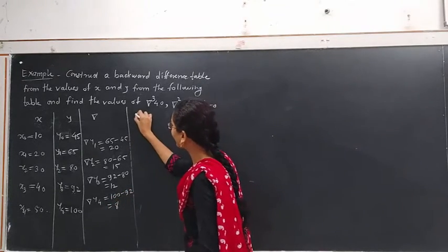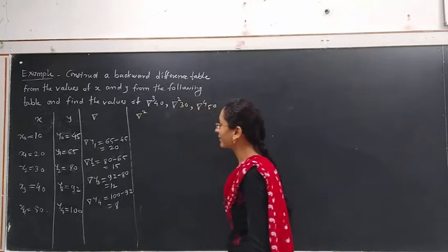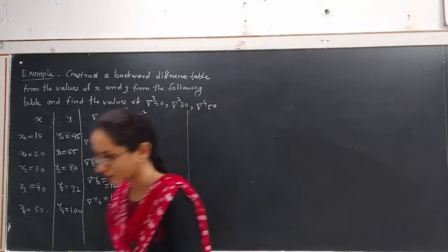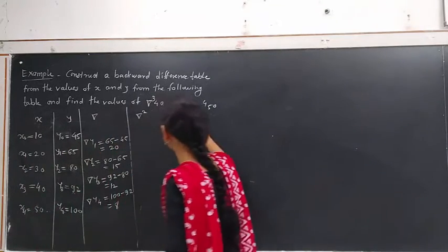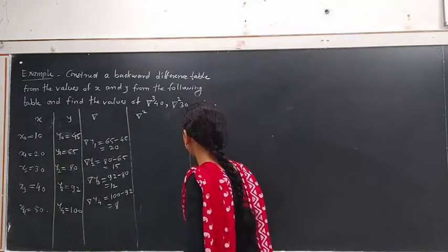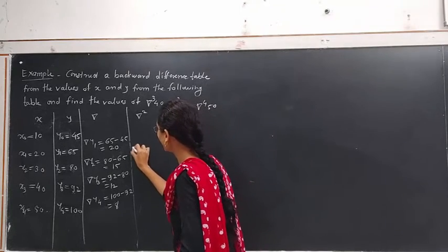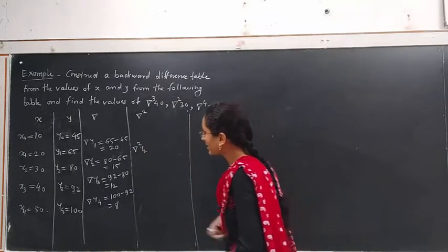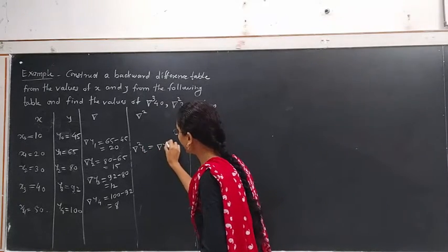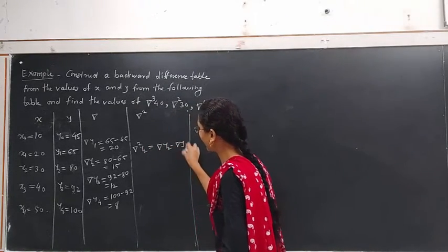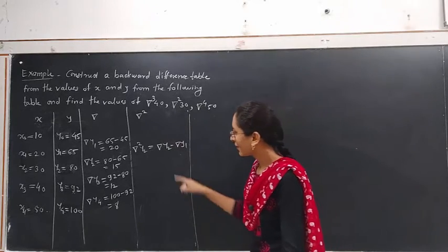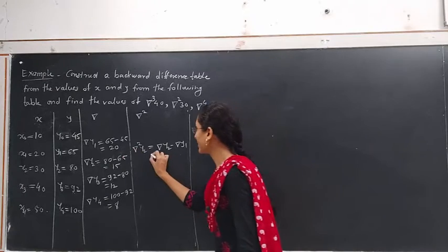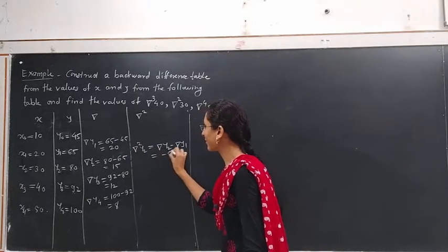In the next column we will get second order backward differences. Del square y2 is del y2 minus del y1. This is the formula. We know del y2 value is 15, del y1 value is 20, which is equal to minus 5.